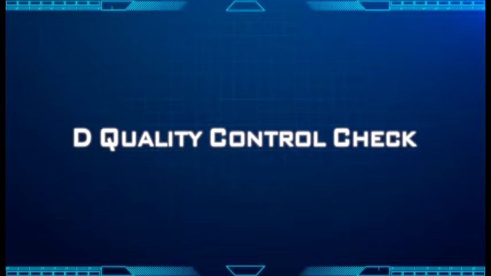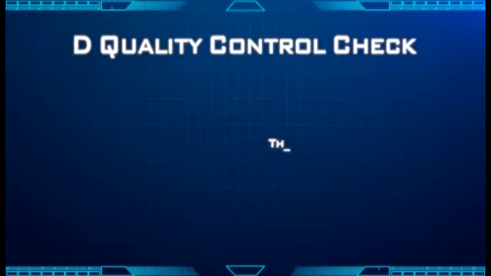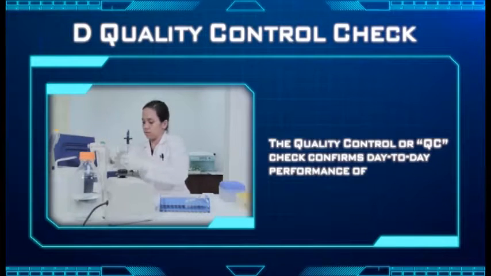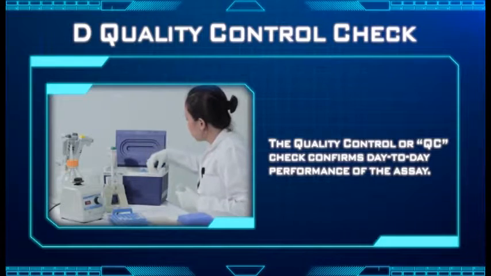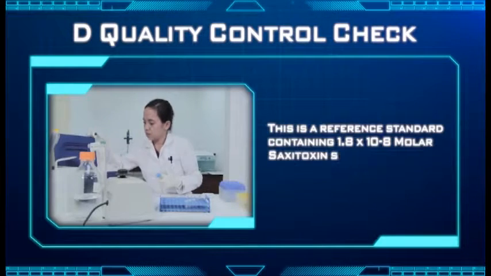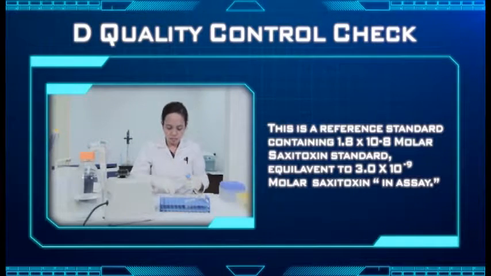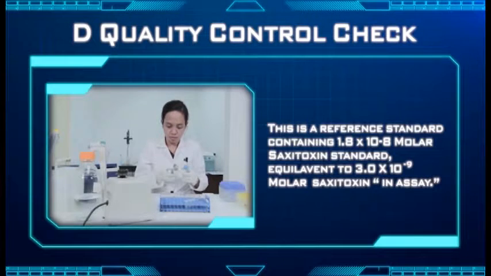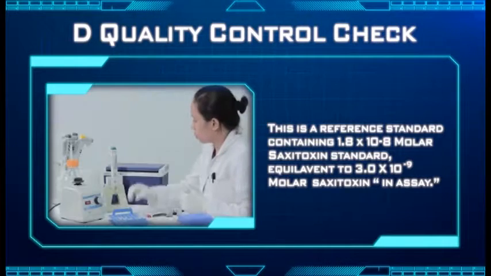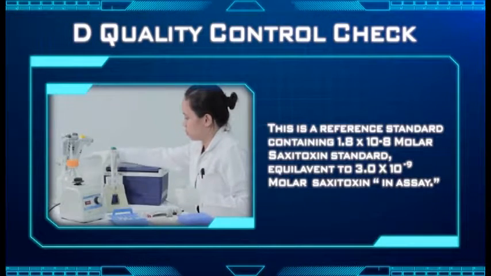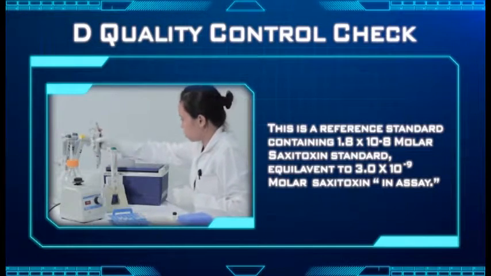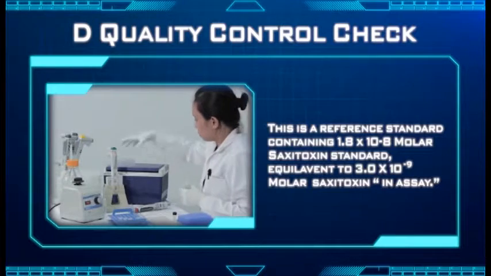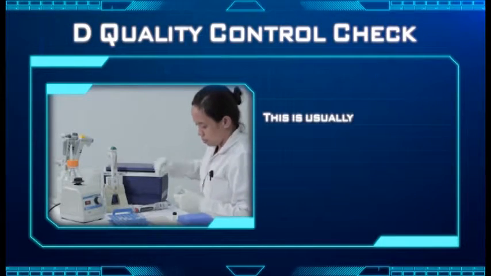D. Quality control check. The quality control, or QC, check confirms day-to-day performance of the assay. This is a reference standard containing 1.8 times 10 to the negative 8 molar saxitoxin standard, equivalent to 3.0 times 10 to the negative 9 molar saxitoxin in assay.